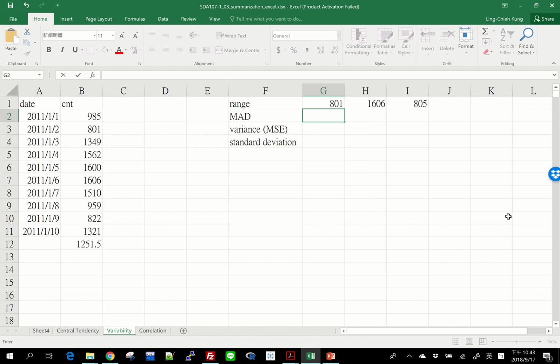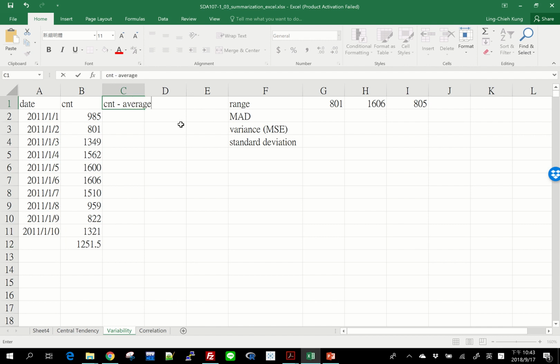For MAD, I need to calculate it by myself because in Excel there is no function called MAD. So let's very quickly do this. For CNT, I have all these original values. I first calculate their average values, okay? The average of all these values. And then I should calculate the deviation.